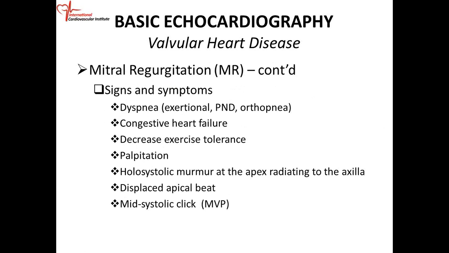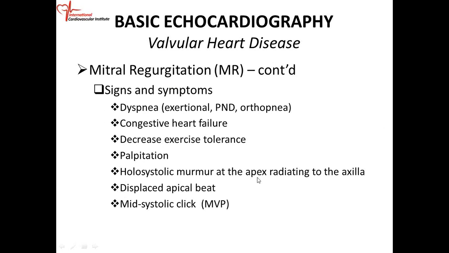Remember, mitral regurgitation occurs in systole when the LV contracts, okay? And blood is going across the mitral valve into the left atrium. So it's a systolic phenomenon. It's going to occur all throughout systole. That's why we call it holosystolic. It's heard best at the apex.